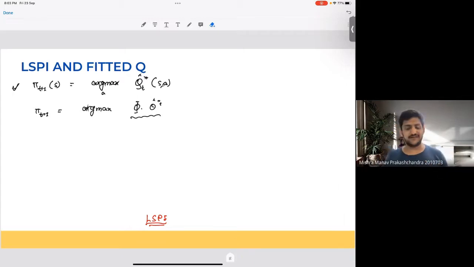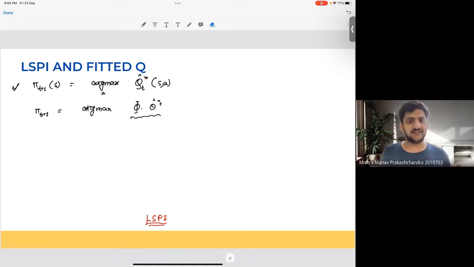So what happens if the action space suddenly becomes continuous? I can't figure out the max over A, right? Because that would mean I'm trying to solve an optimization problem since the action space is no longer discrete, but rather a continuous space. So for each state, I would need to solve an optimization problem in order to get the action.